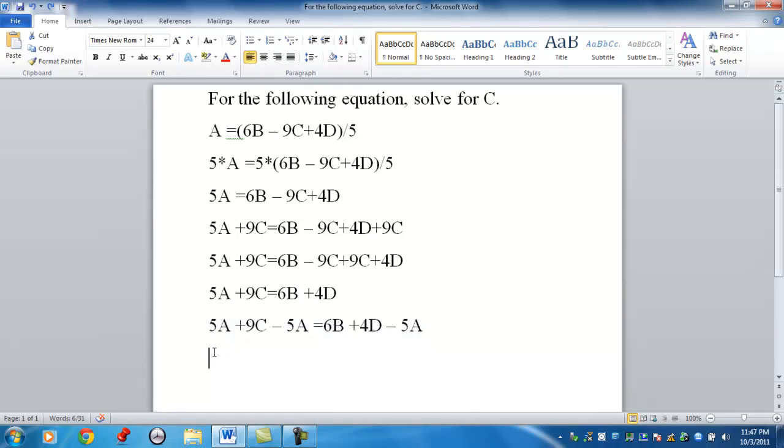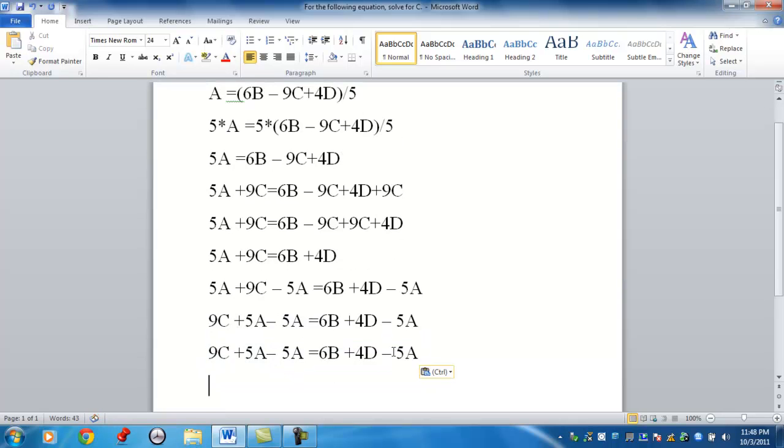On my next step here, just to illustrate this, the 5A's will cancel each other out. And when they cancel, you're going to end up with 9C equals 6B plus 4D minus 5A.